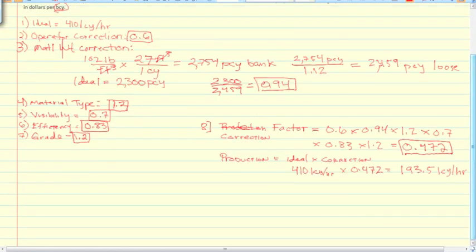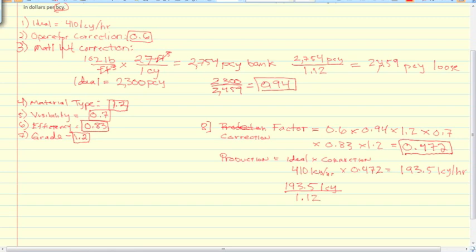And if you remember, now we're going from loose to bulk. So our production here will be 193.5 loose cubic yards, and we need to use that swell factor again, 1.12, because it was 12%.